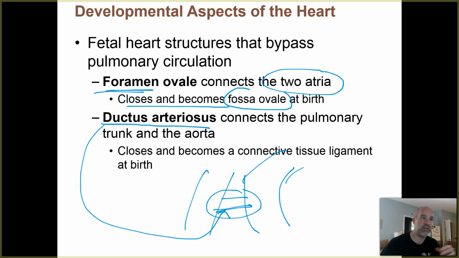The oxygenation is not occurring in the lungs, and we're not using the pulmonary circuit for those purposes. After birth, that little passageway closes off, and it becomes a connective tissue ligament, which is called the ligamentum arteriosum.